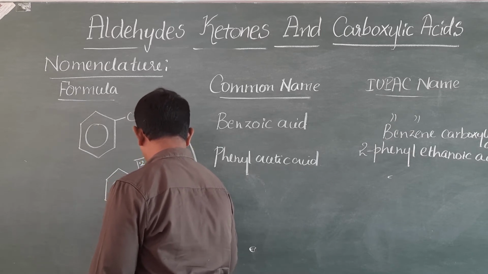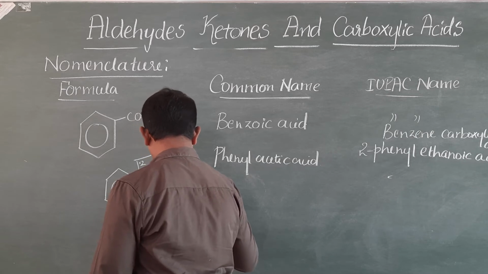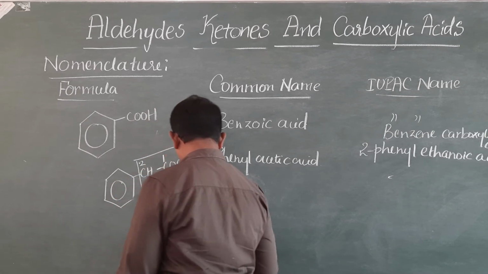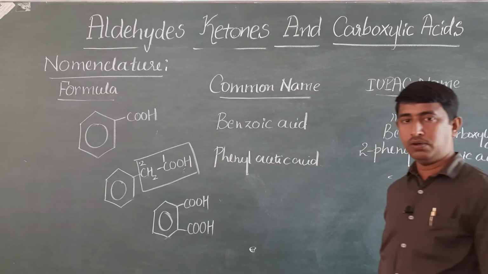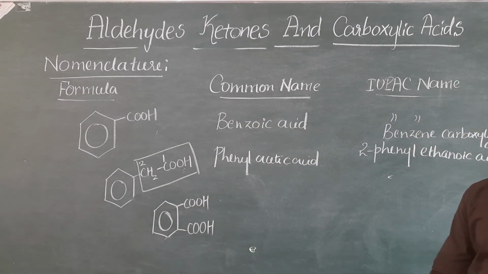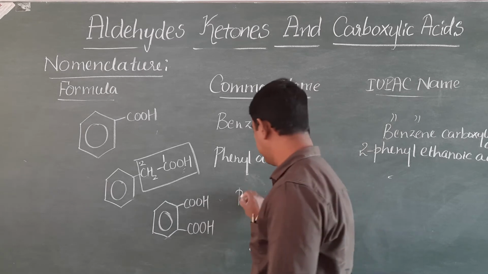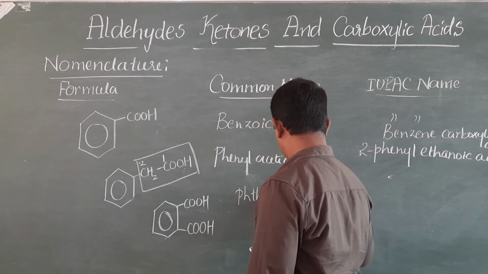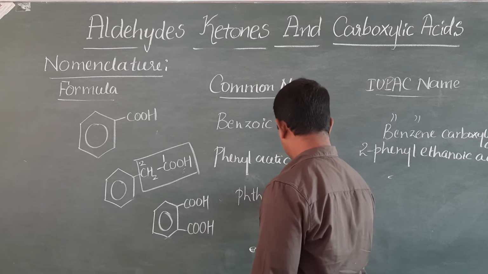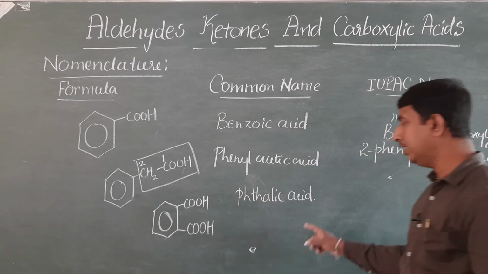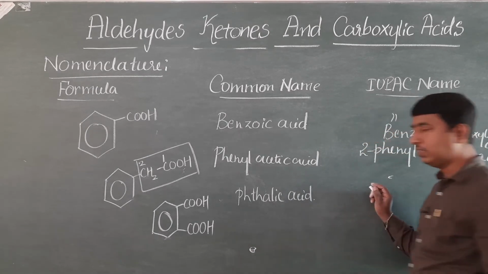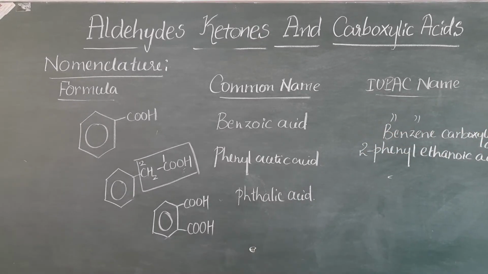One more, benzene ring containing 2 COOH groups. Common name of this acid is phthalic acid, the P is silent.